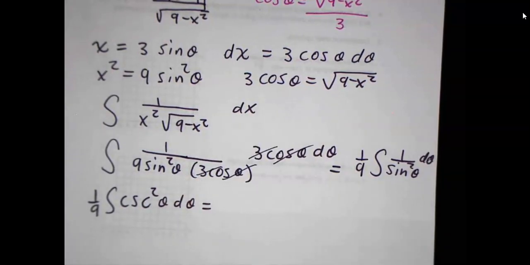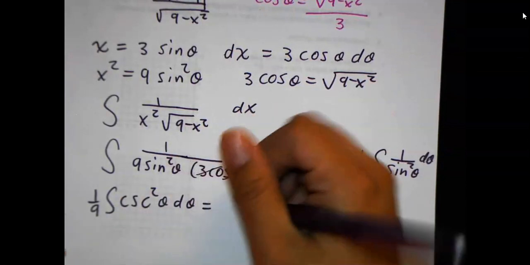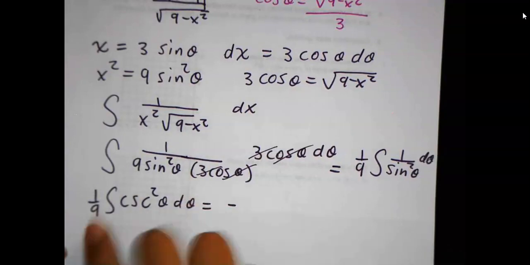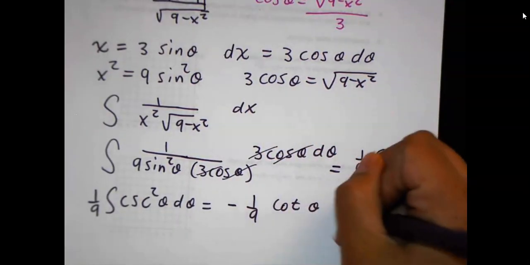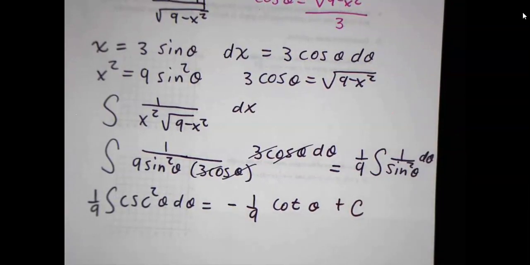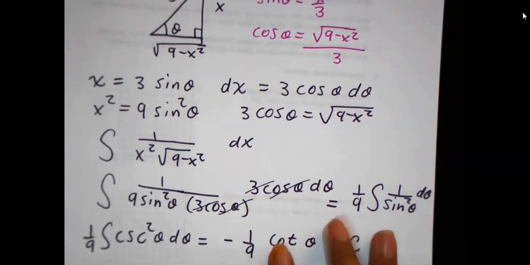If we look at our formula sheet in the previous slides, the integral of this is negative cotangent. So there is a negative 1/9 cotangent of theta plus c. But I need to rewrite it. So I need to go back to my triangle and find cotangent.